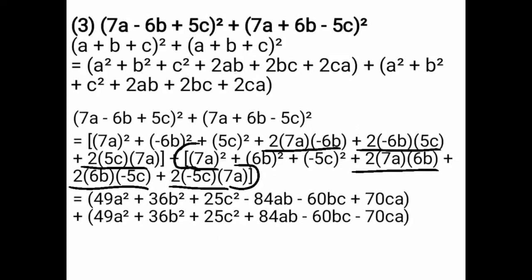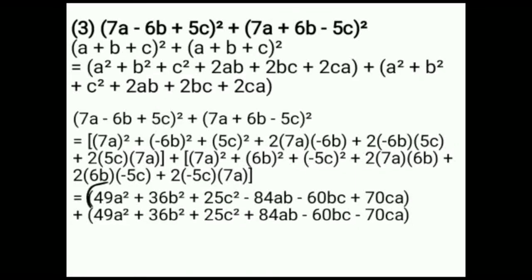Then 2 7s are 14, 14 6s are 84, 84 into ab is plus 84ab. Plus into minus is minus. 2 6s are 12, 12 5s are 60, 60 into bc is 60bc. Then plus into minus is minus. 2 5s are 10, 10 7s are 70, 70 into ca is 70ca.